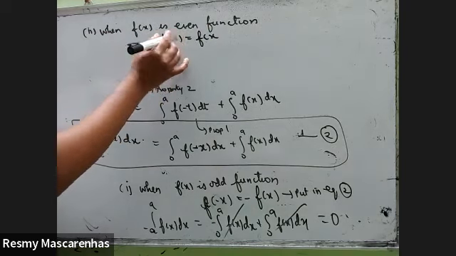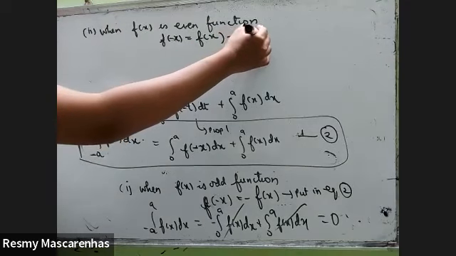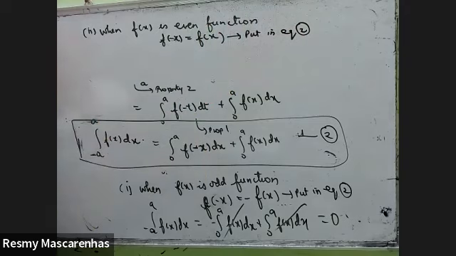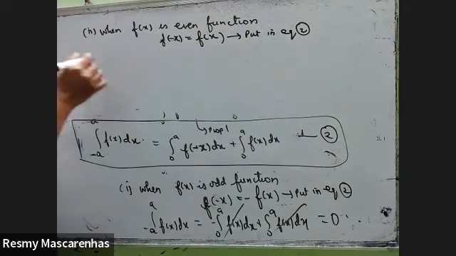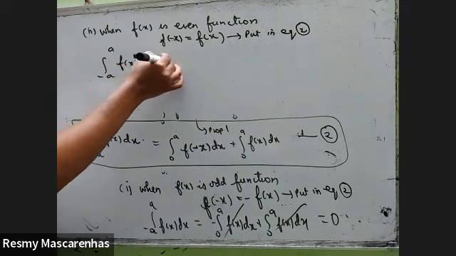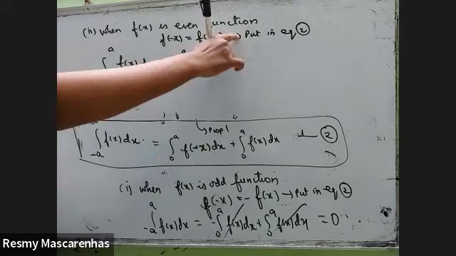F of minus x is equal to plus x only. Now put this in equation 2 and check. Equation 2 will become, minus x will become plus only.